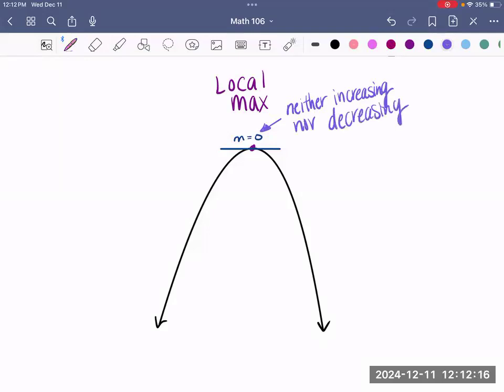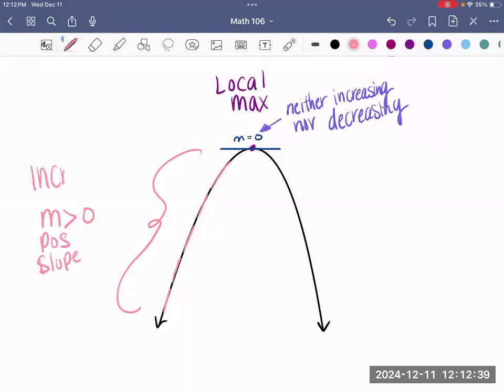Now let's take a look at your function again. So what's happening on the right-hand side of your graph? Or sorry, the left-hand side. Let's do left first because we typically go left to right. Well, if we draw a series of little lines, you'll notice that your slope overall here is greater than 0. It's a positive slope. Therefore, we must be increasing.